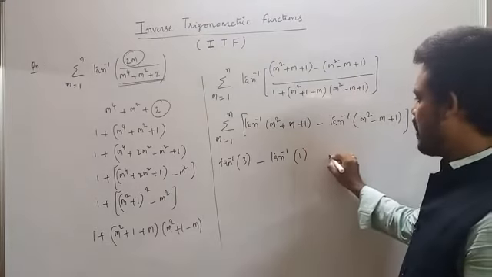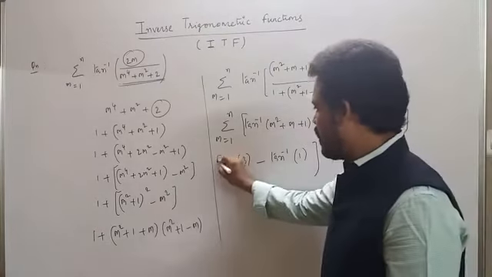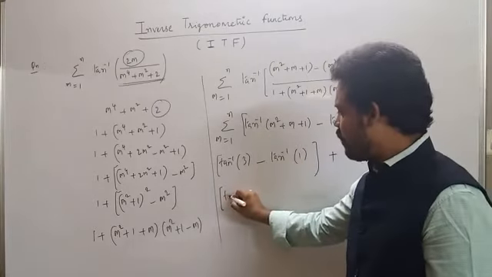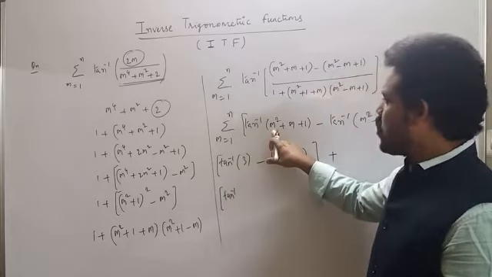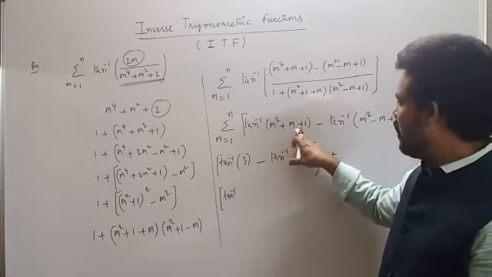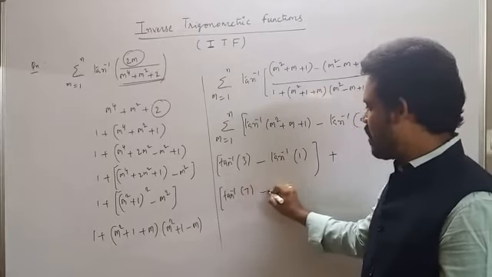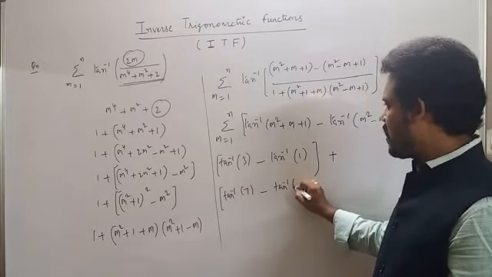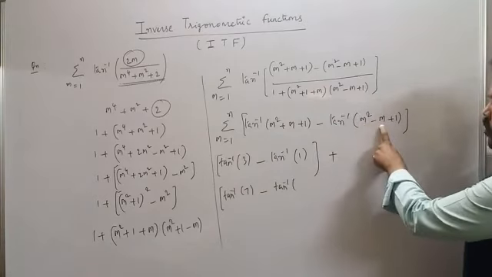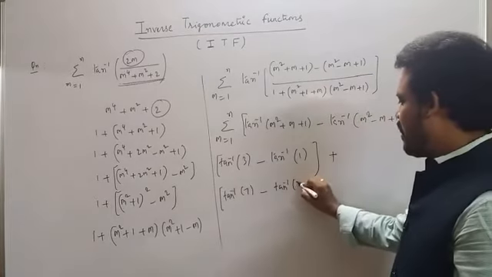This is the first bracket. Plus, if you go for m equal to 2, tan inverse of 2 square 4 plus 2 is 6 plus 1 is 7, minus tan inverse of 2 square 4 minus 2 is 2 plus 1 is 3.